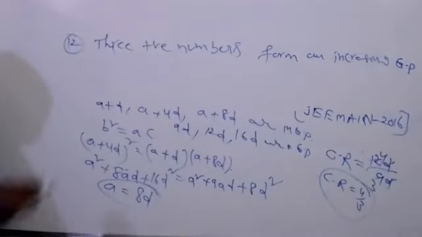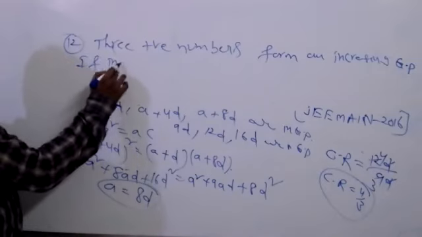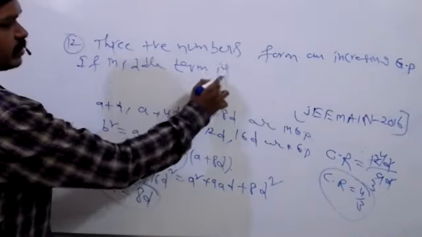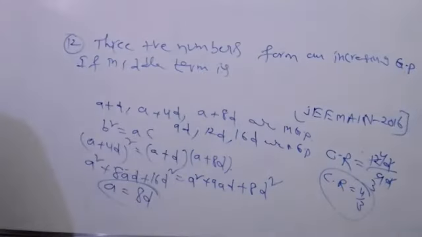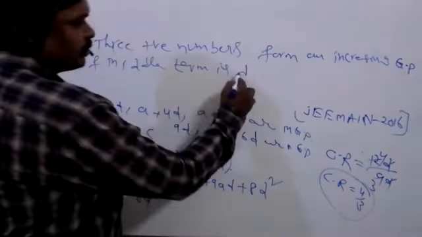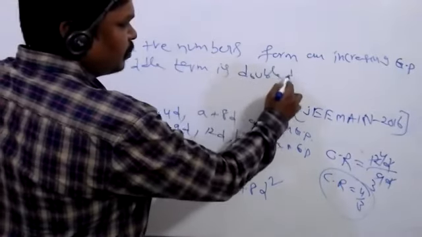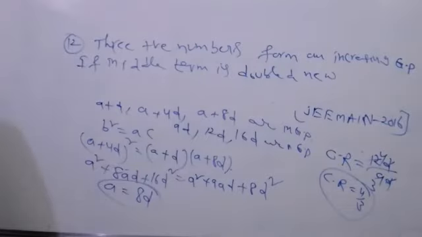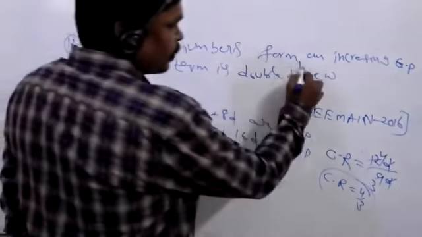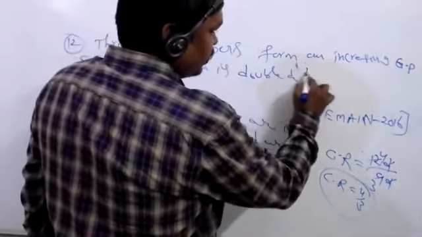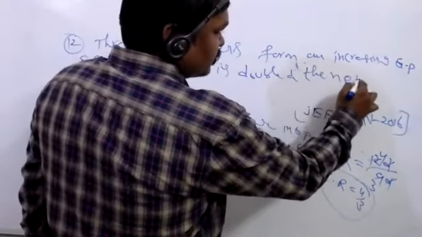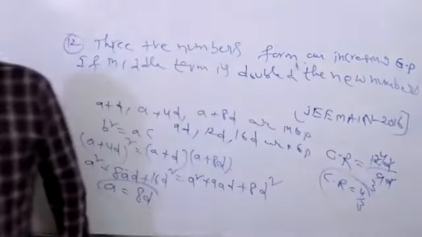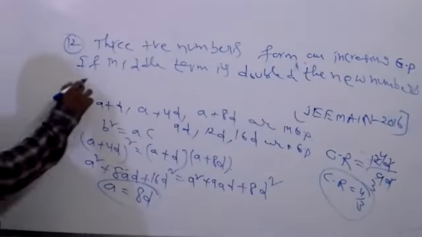If the middle term is doubled, the new numbers are in AP.